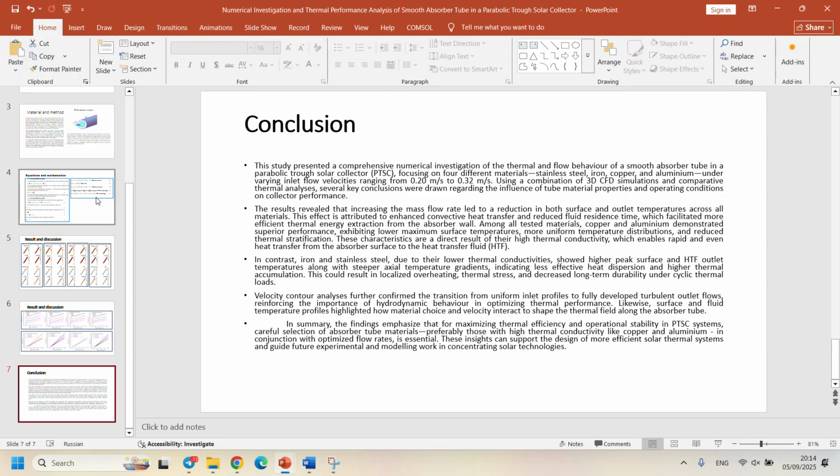However, the copper one showed the better performance in the heat transfer fluid temperature because the heat transfer temperature was relatively higher with the copper receiver tubes. It suggested that using the copper receiver tube is a good option for enhancing the thermal performance of the system, because the copper has a better thermal conductivity compared to the other material.